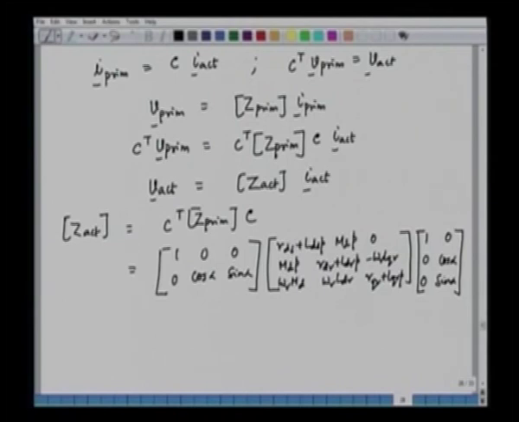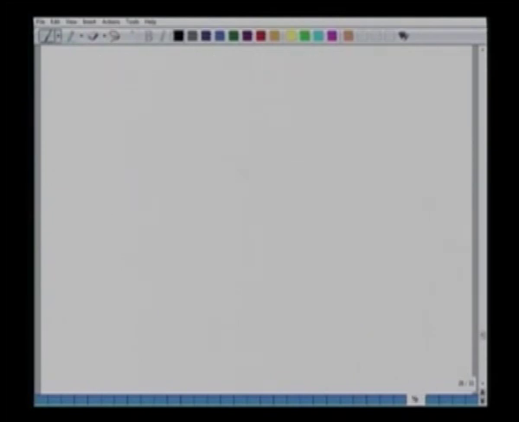So we can simplify this. I will just write down the simplified equation. We can pre-multiply this and post-multiply this and write down the simplified equation. Z actual after simplifying is obtained in the following fashion.